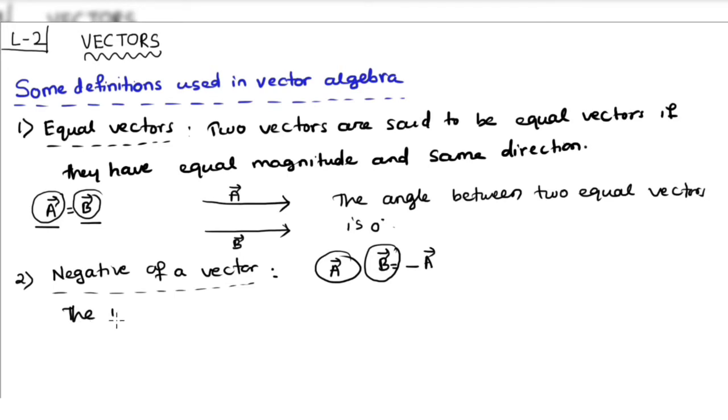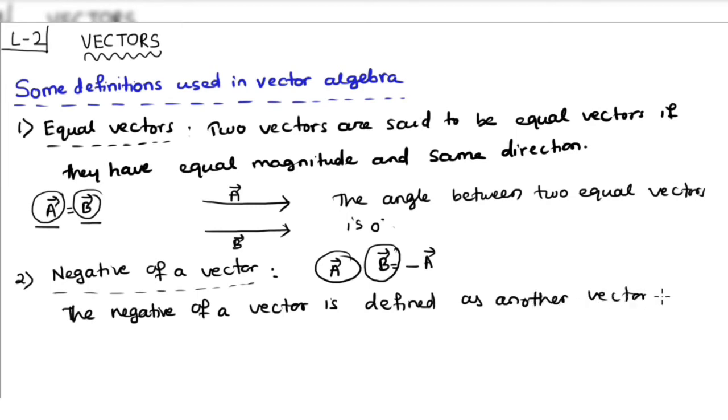The negative of a vector is defined as another vector having the same magnitude but opposite direction.